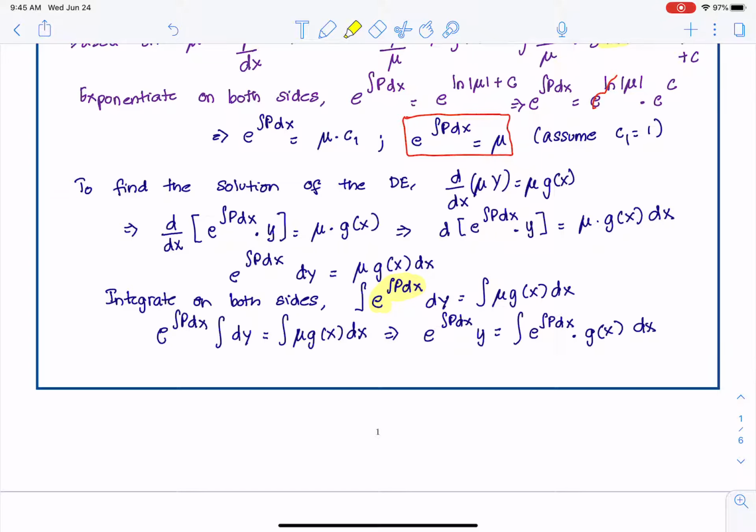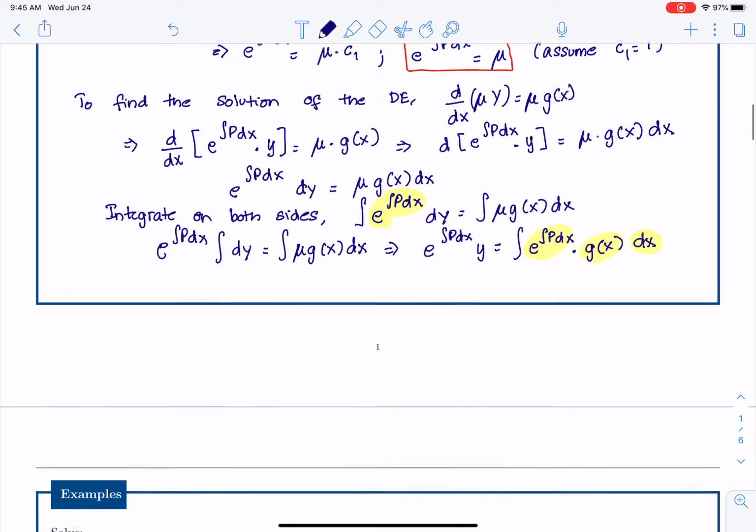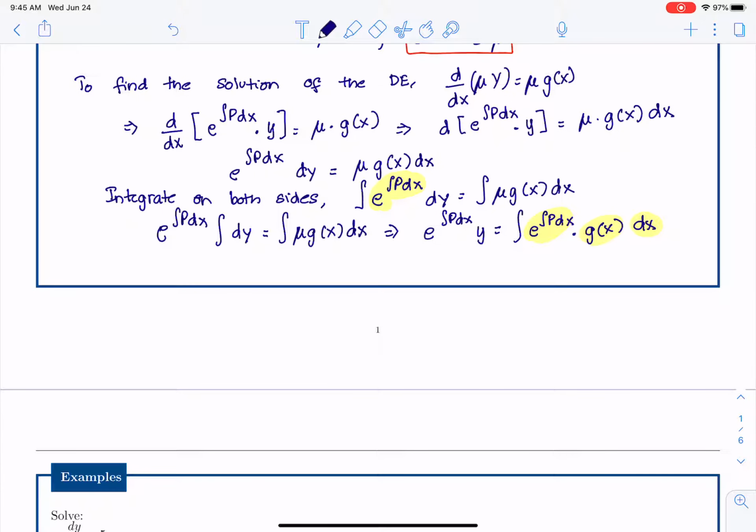The reason being, the integral is with respect to x. That is a function of x. That is a function of x. So we have to integrate the entire expression. So there is nothing we could do about it. We will leave that as is. So divide by e raised integral p dx on both sides.